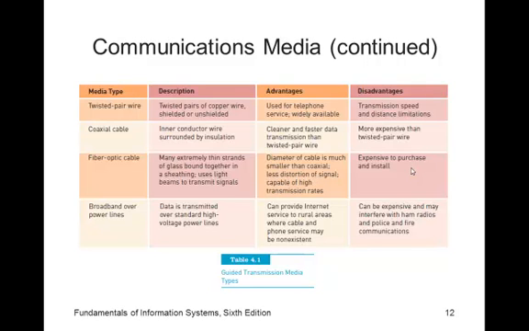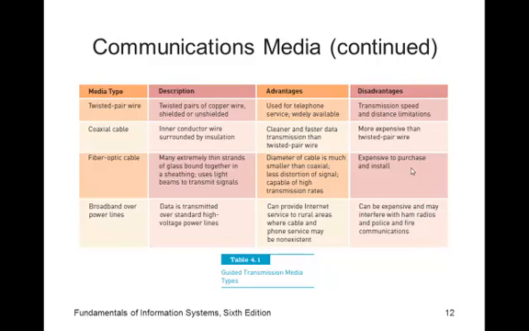These are some examples of wired communications media. Twisted pair cable is the most common type of media you'll find in regular networks in offices and homes. Coaxial cable is another pretty common wire. Fiber optic cable is used in very large networks that require high rates of speed because it is capable of very high transmission rates.